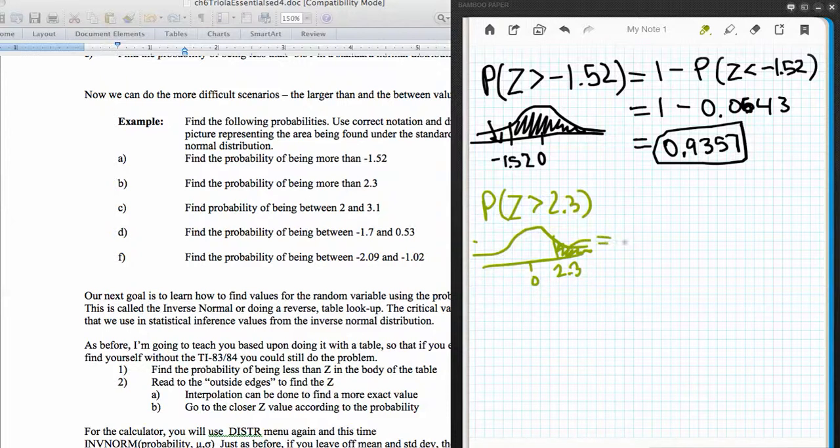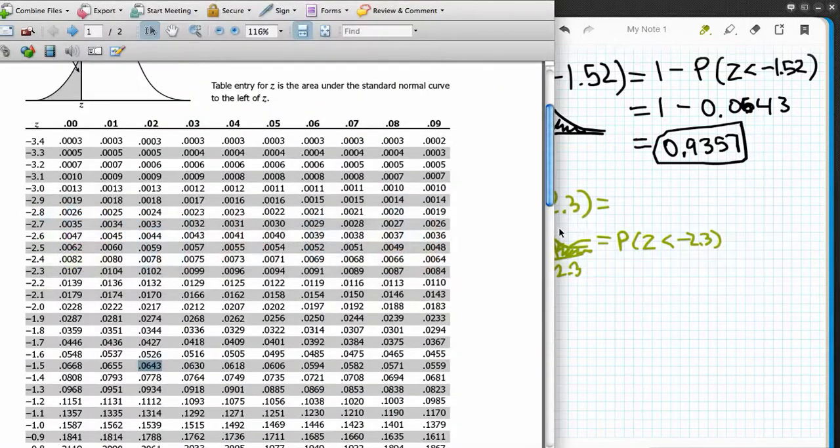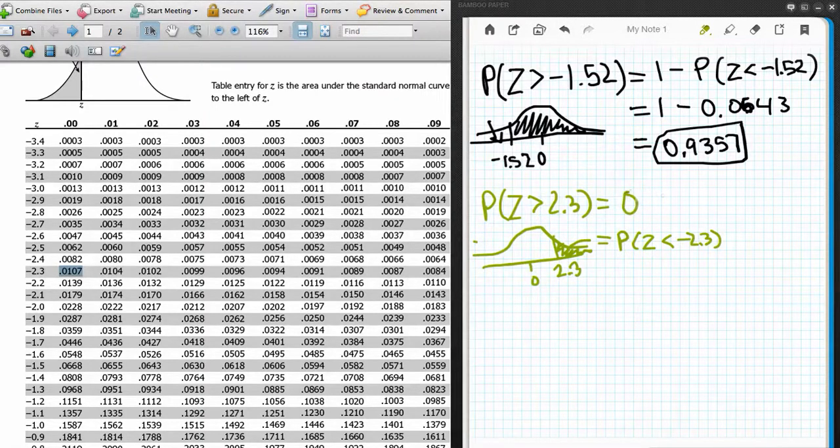So this is equivalent to the probability of z being less than negative 2.3. So I will just go to my z table and look it up as negative 2.3. That probability right there, 0.0107, is the probability of being greater than a positive 2.3. So there's my probability.